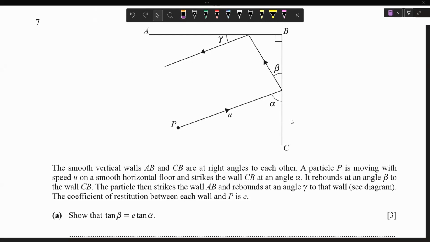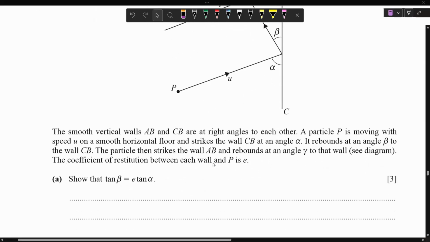The particle then strikes the wall AB and rebounds at an angle gamma to the wall as seen on the diagram. The coefficient of restitution between each wall and P is E. Show that tan beta is equal to E tan alpha.